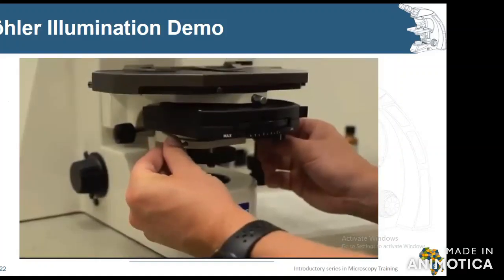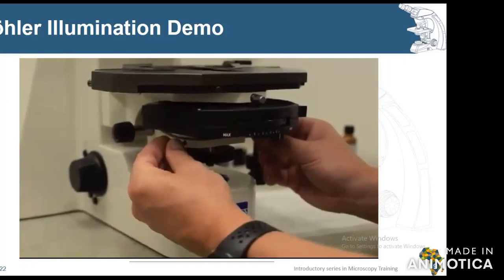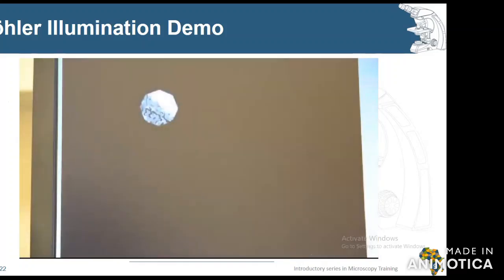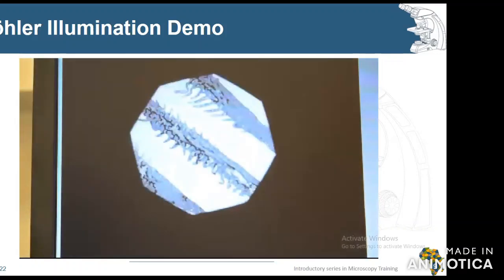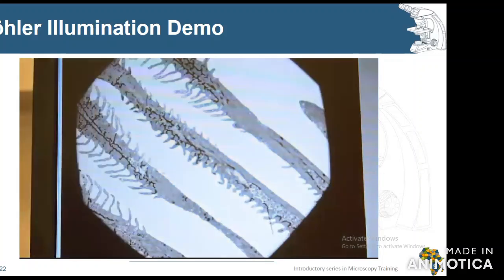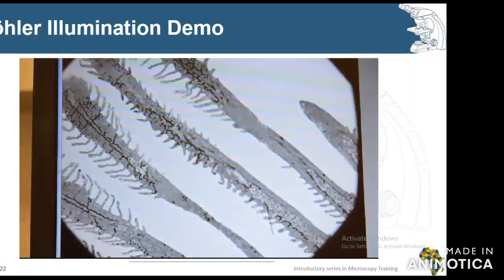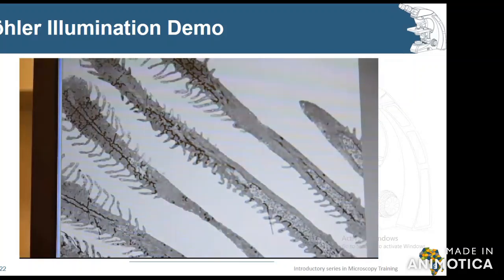Then after that, you use the centering knob to centralize the diaphragm view. So you centralize it. Then after that, you open the diaphragm again to about 2/3 of the view that you want to actually look at.